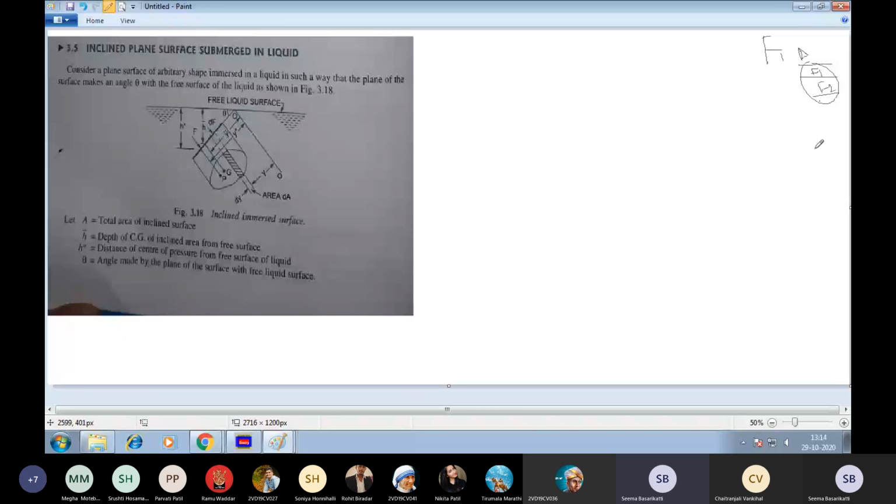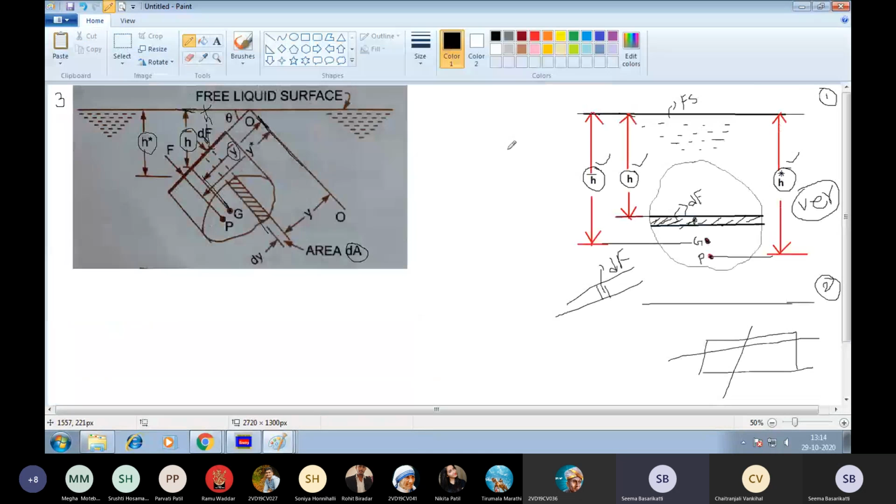Okay, simultaneously, this is a surface. I don't know where the force is acting on this surface. So it is very difficult to identify the forces if it is an irregular and large surface. So that's why I am going to take a strip here and identify the force exerting on a strip, just as in the previous problem.